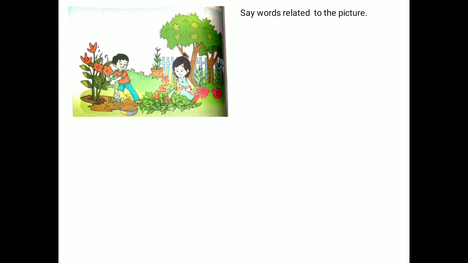Look at the screen and learn a few more words related to pre-reading as well as reading lesson. Now, look at the screen and listen to me carefully. I am going to read for you.